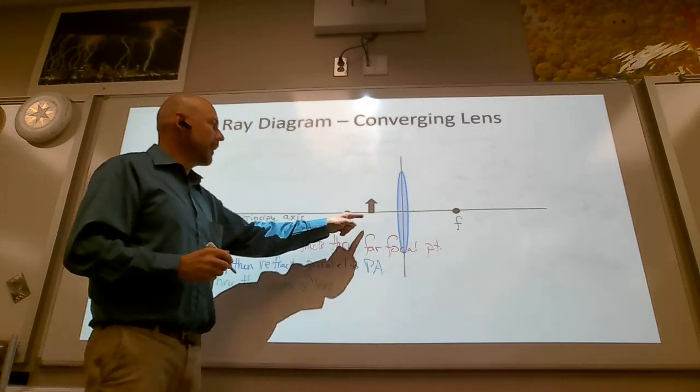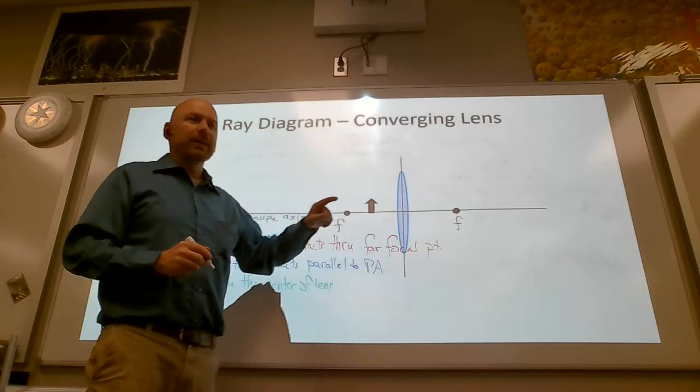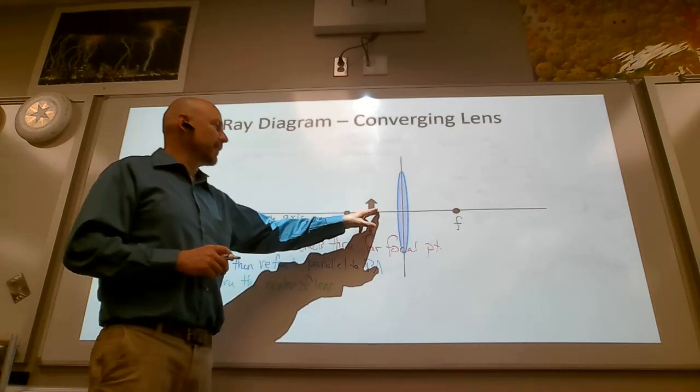And then you put your object closer to the focal point rather than closer to the lens. Oh, no, just kidding. Put it somewhere halfway in the middle there.